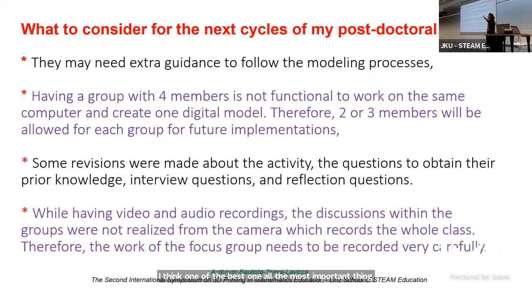They needed to create just one model at the same time using one computer. So having 4 members within a group to create one model using one computer was not functional. I advise using 2 or 3 members within a group.